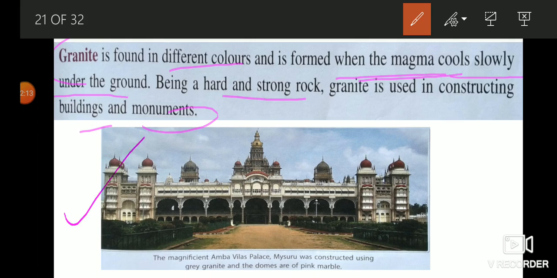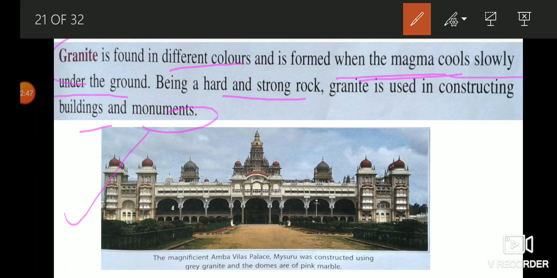You can see in this diagram there is a palace made up of granite rock. Okay, so this palace is present in Mysuru. Mysore is a region in the western part of our India, where this palace is situated, and in that construction gray granite is used.